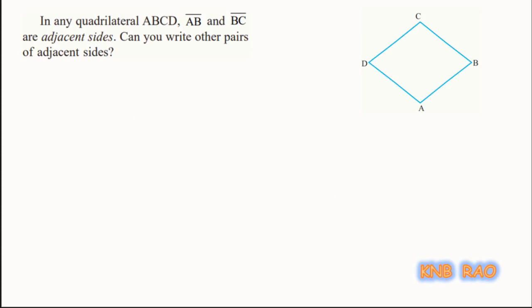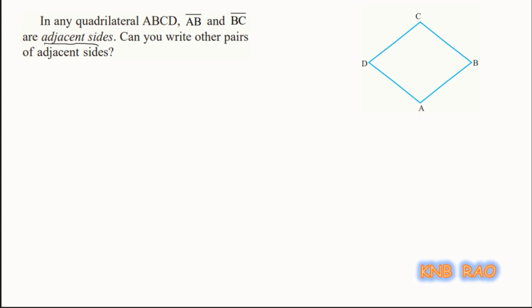Then moving on, in this quadrilateral ABCD, how many pairs of adjacent sides are there? What are adjacent sides? Let us learn. The word adjacent means one beside the other.